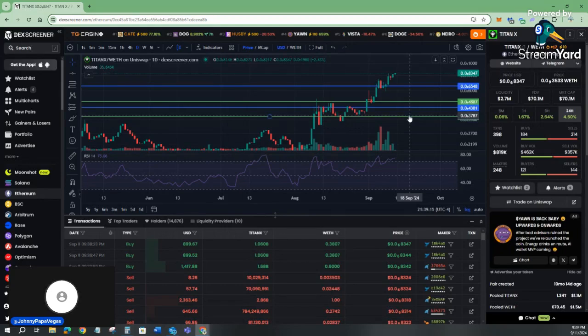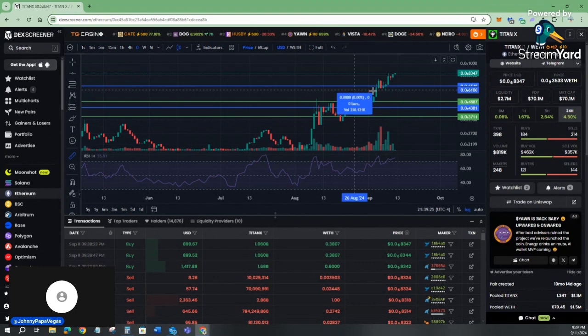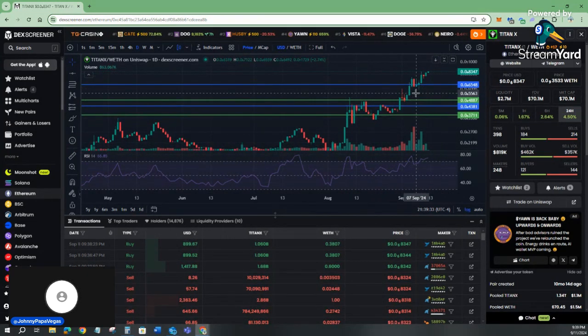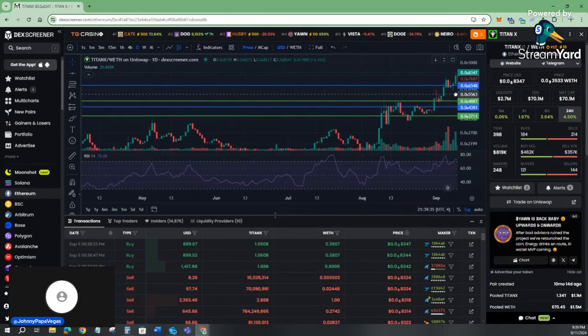So if the price nukes a good amount, let's pretend this is the last candle. Let's move this over, because I already know you guys are looking at these candles like, what do you mean, man? That one's higher. Just look right here. Pretend this is the new one.